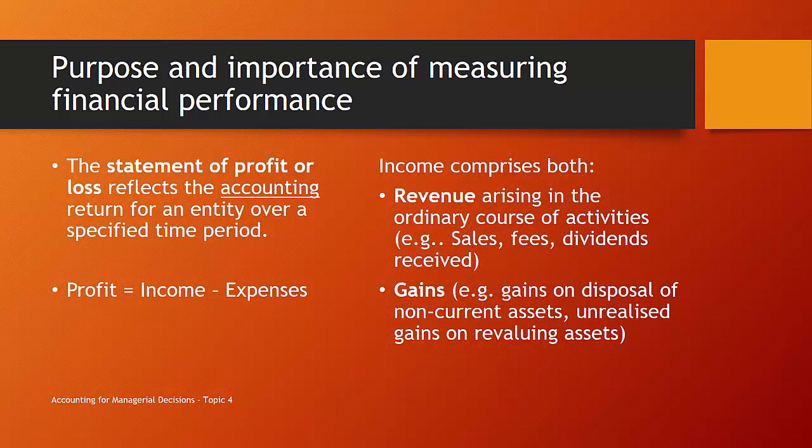So if you're a retailer and you had some property, some land or land and buildings that you sell, the gain that you get from selling those land and buildings would be a gain. It's not revenue. It's not what you normally do. So if you, for example, are an airline and you send passengers all around the world, then revenue is the money you get from passengers and freight and whatnot.